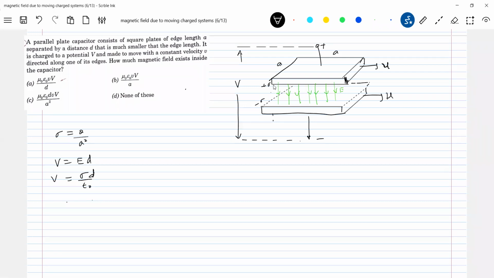So the sigma is what we know. If a plate moves, what is the magnetic field inside? This is the potential. So what is the expression for the magnetic field between the plates? This is like two plates, with points P1, P2, P3, P4.